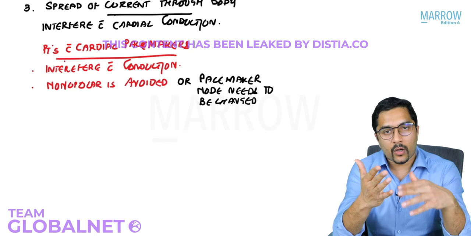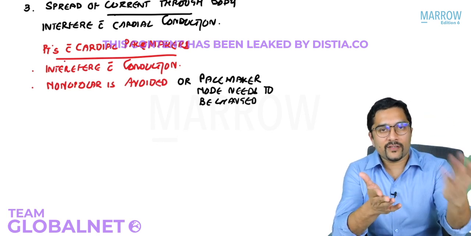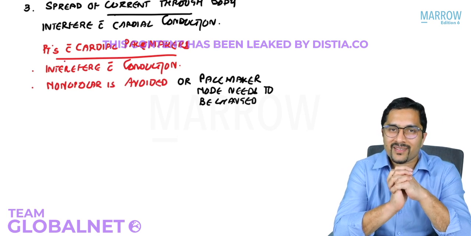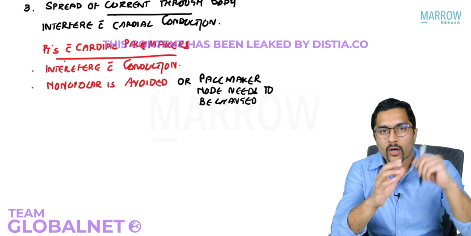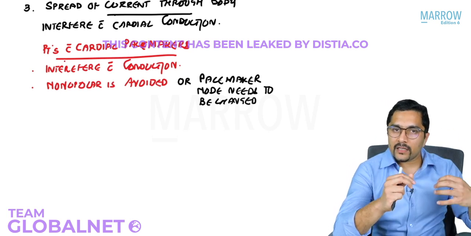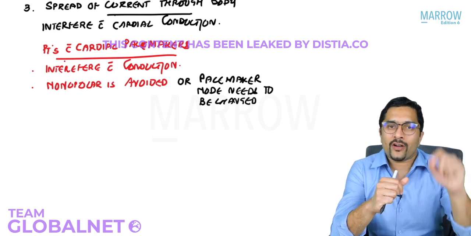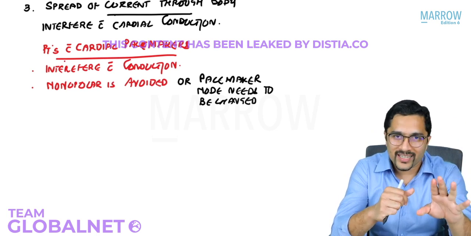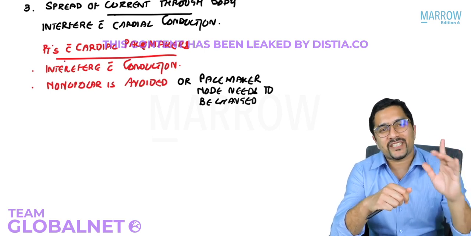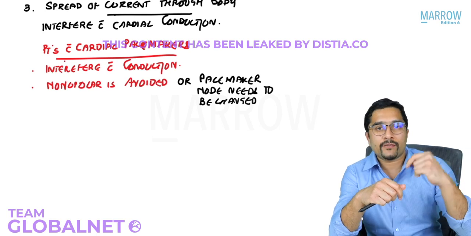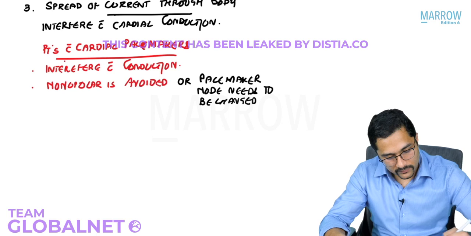Because if there is an abnormal rhythm, then this pacemaker will send out a shock wave to convert it into a sinus rhythm, right? Now, if you use a monopolar cautery, there's going to be abnormal rhythm, and the pacemaker will sense as if the heart is not beating properly. So it'll constantly keep on shocking the heart, and you don't want that, right? So that is why we either avoid monopolar cautery in patients with pacemakers, or we have to change the mode of the pacemaker before using the monopolar cautery.